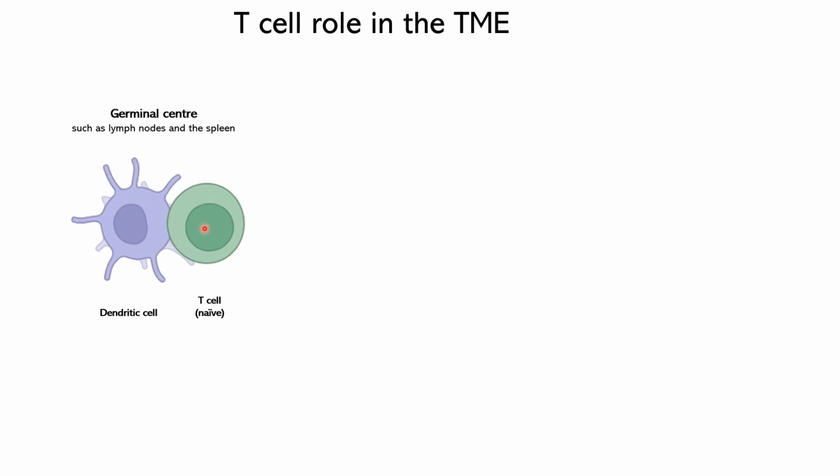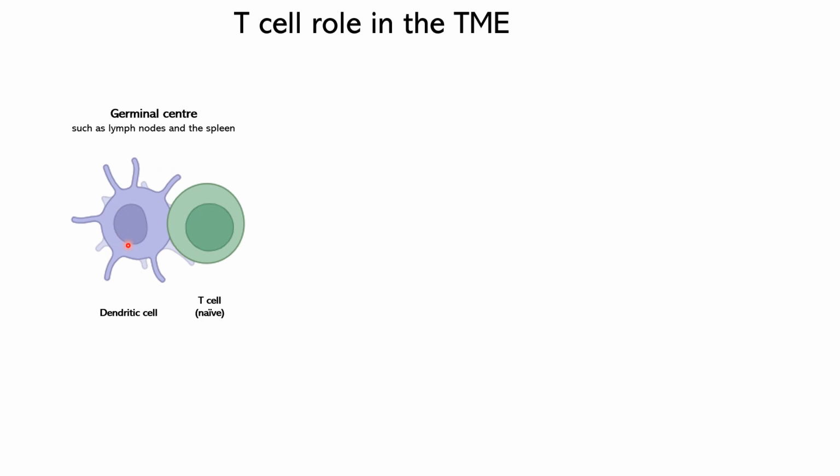Okay, that's good. So now we need to understand the role of T cell in that immune response within the tumor microenvironment, okay? So everything starts in what we call a germinal center. The germinal center includes places such as the lymph nodes or the spleen, okay?